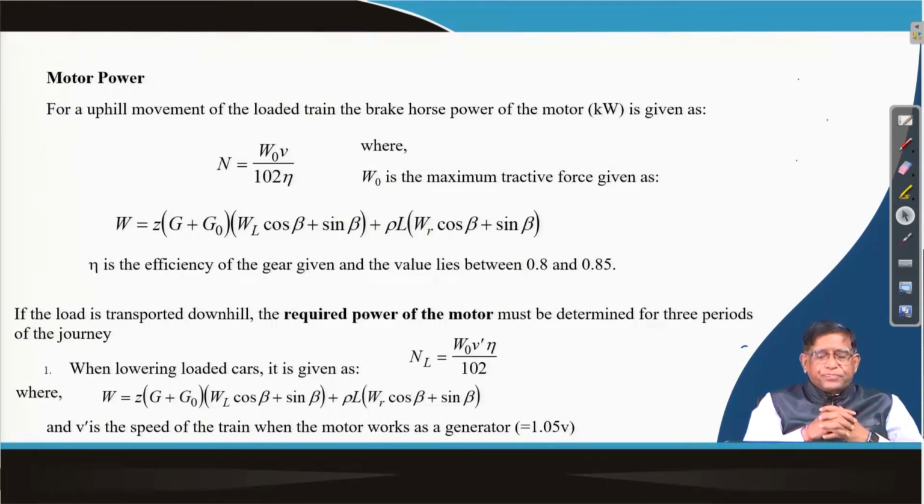And now, once you know the total tractive force, that is the total resistances to be overcome, and at what speed it will have to move, then you can find out the power. This is the simple electric power calculation: this much power should be there for your electric motor.